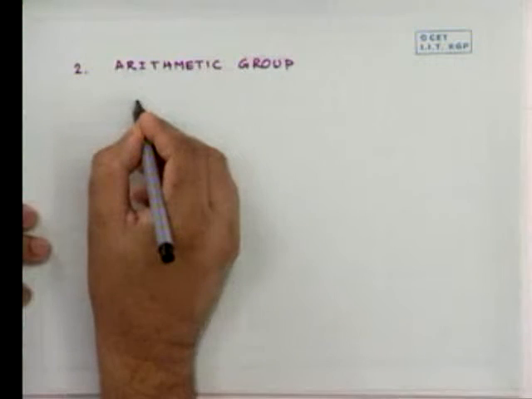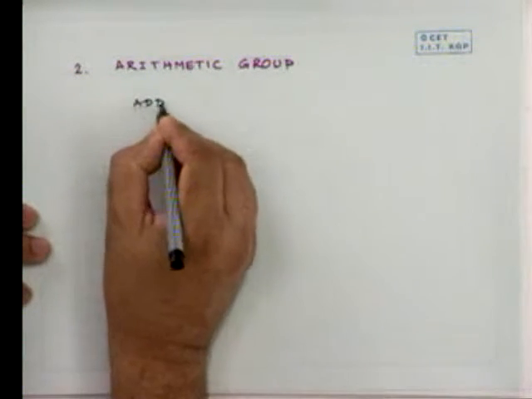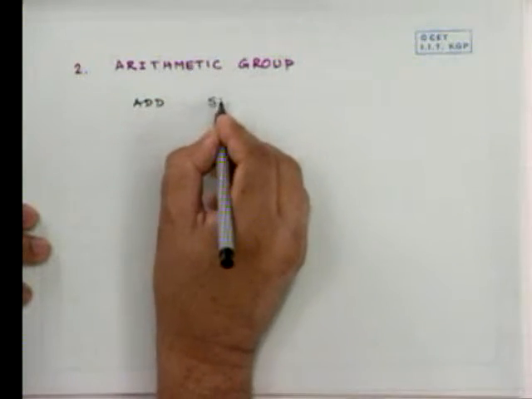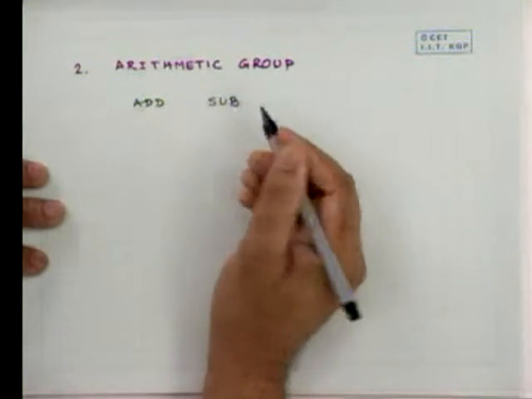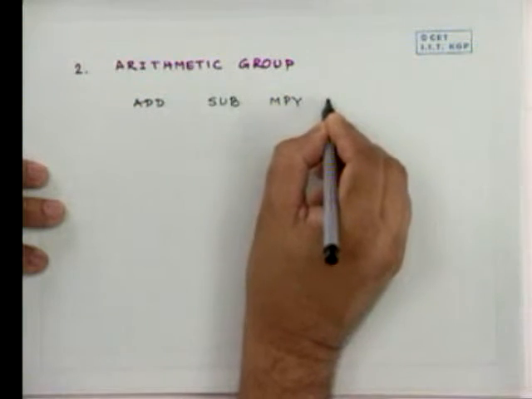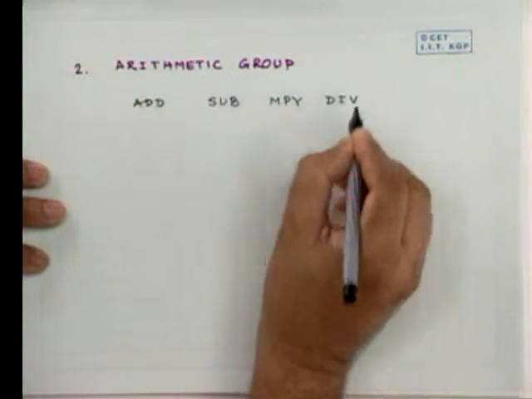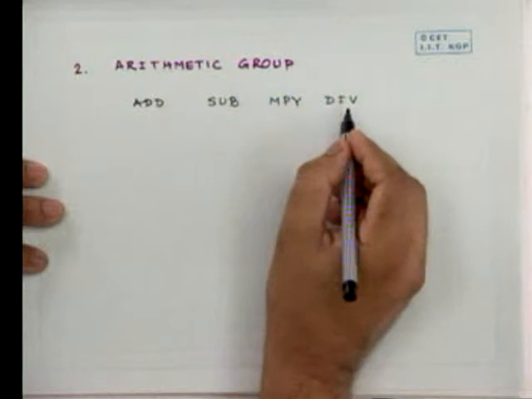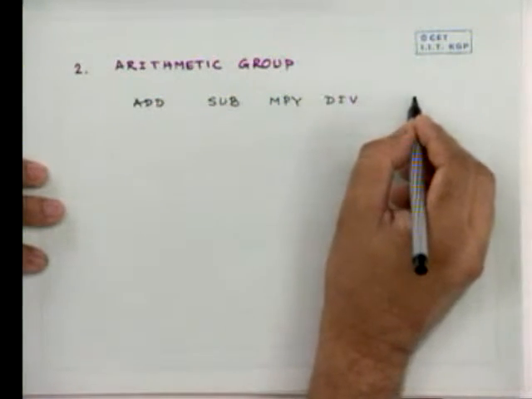The arithmetic group therefore can have add, that means adding two numbers, subtract, multiply, divide. These are basic operations on integers.